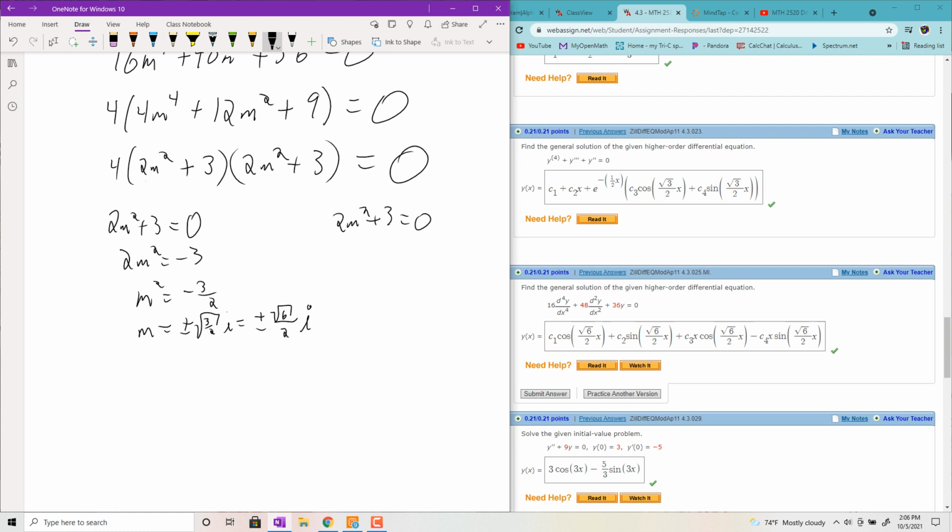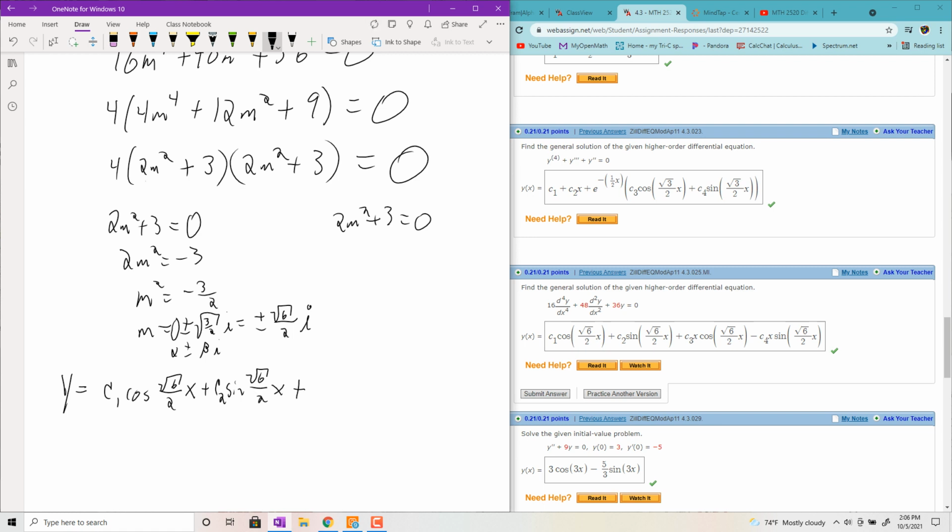Okay? So our general solution, y, is going to be e to the 0, right? Because the alpha is technically 0. As you see, there's 0 there, so it's alpha plus or minus beta i. So it's e to the 0, which is 1, times c1 cosine of the square root of 6 over 2 x plus c2 sine of square root 6 all over 2 x.